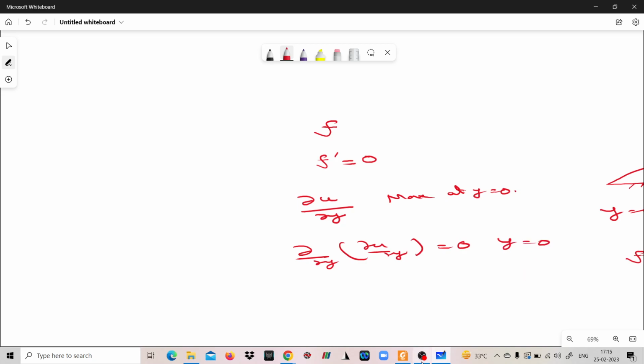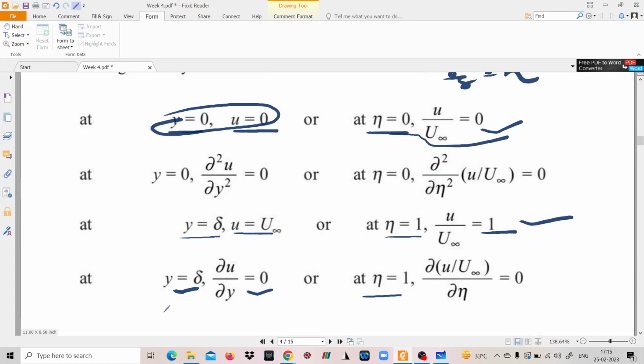So this gives us the last condition, that at y equal to 0, del 2 u by del y square equals 0. Similarly, we can arrive at this condition. At y equal to 0, the value of eta equal to 0, and this condition becomes this.